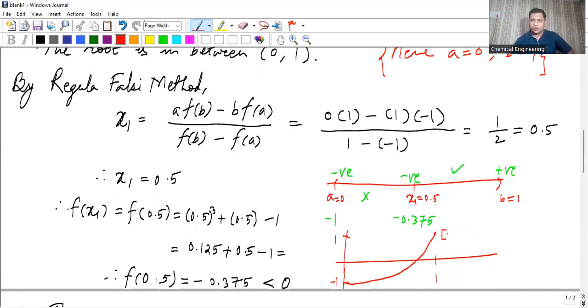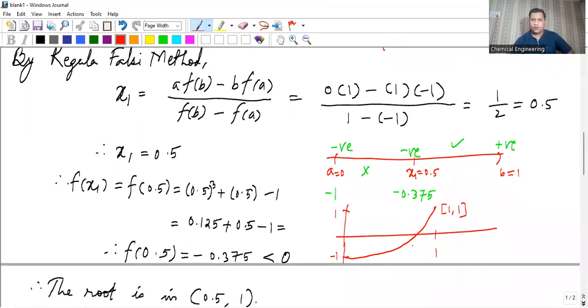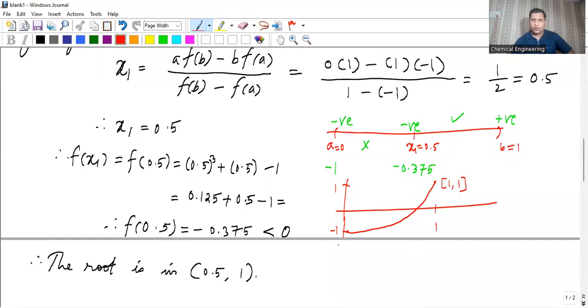Here we have the value 1, and here this is going to be 0, minus 1. Is that okay? Yes, sir. Now see what we got. We got the point x1 here, 0.5. Correct? So now at 0.5, what is the value?